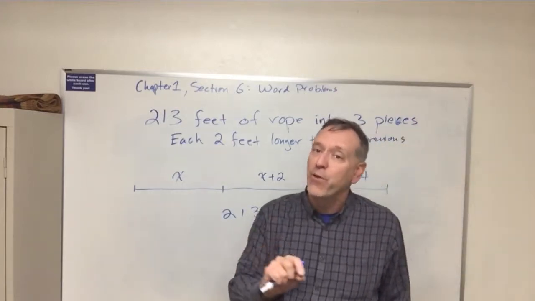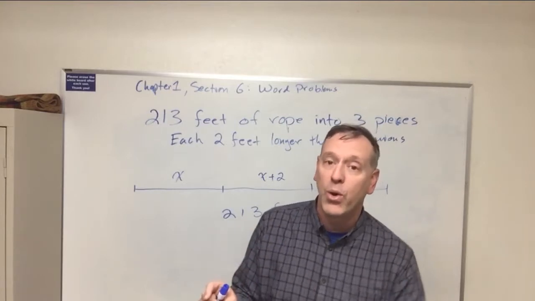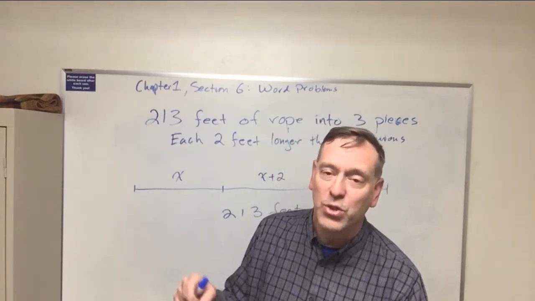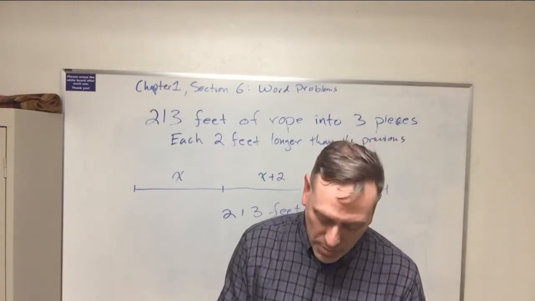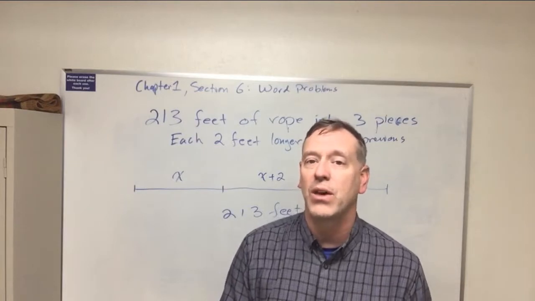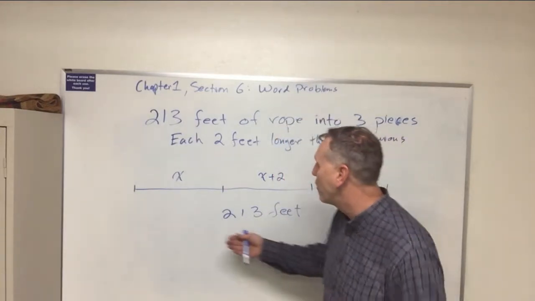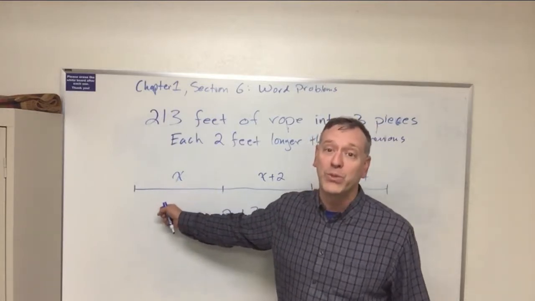Now what you have to be careful about in these word problems is to make sure you answer the actual question being posed. Sometimes I'll see a student solve all of this, and the question may ask something like, what is the length of the longest piece of rope? They get to the end, solve for x, and write down the answer, and what they've given is the answer for the shortest piece of rope.